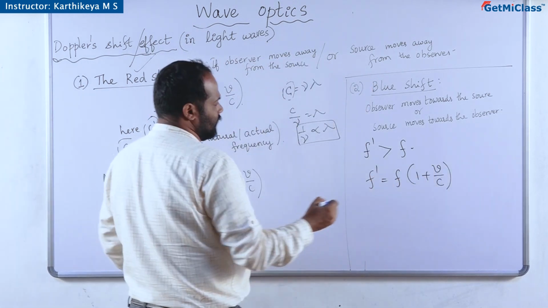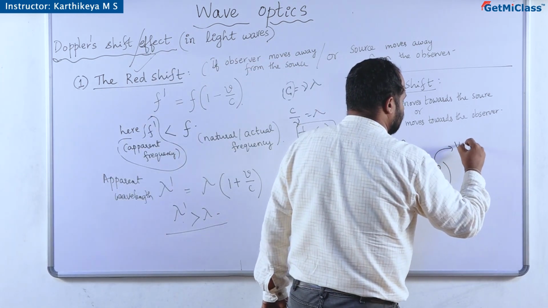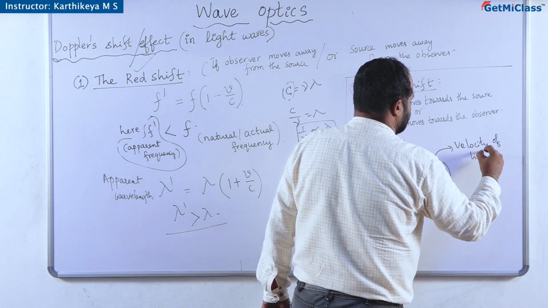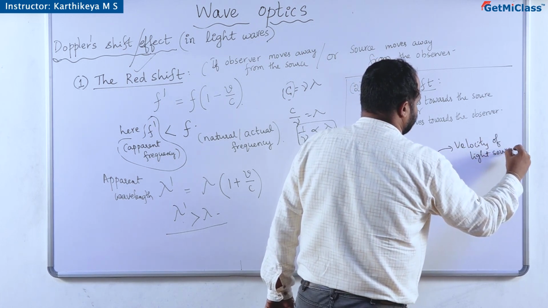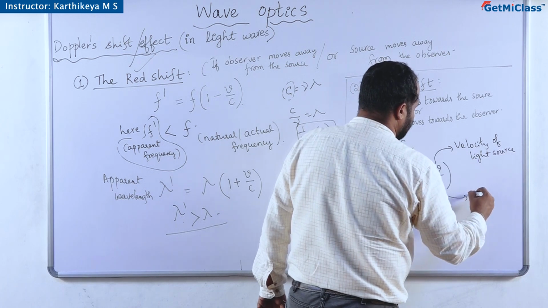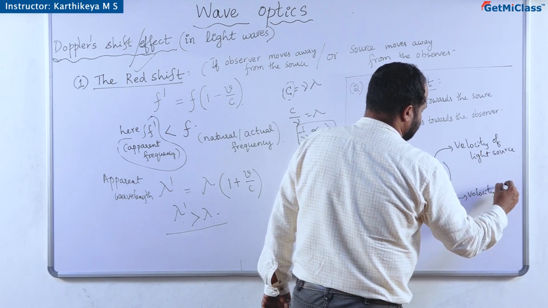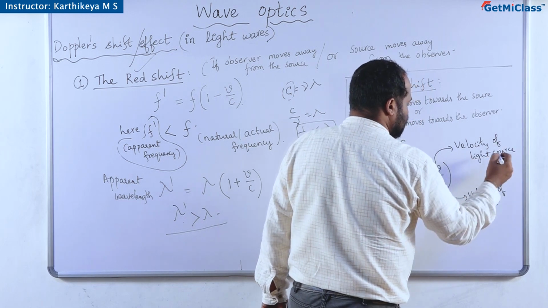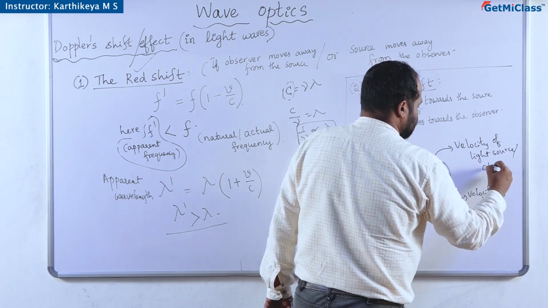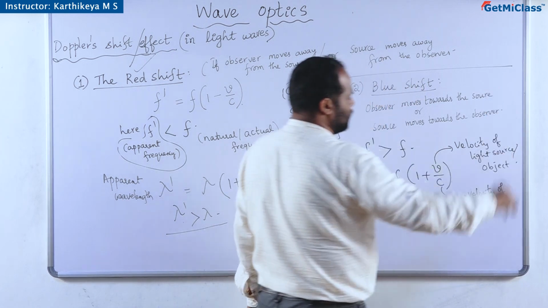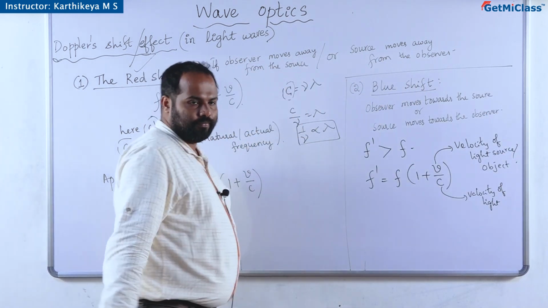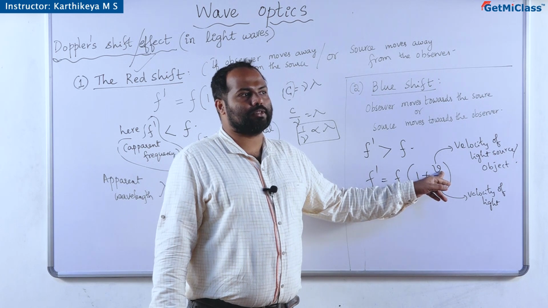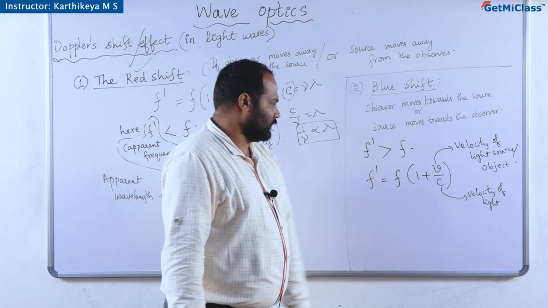Clearly in both cases, v is the velocity of the light source, and c is the velocity of light. Or if the source is stationary, then v is the velocity of the observer or the object moving.